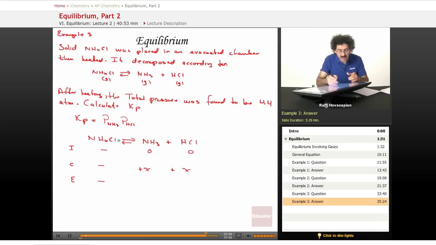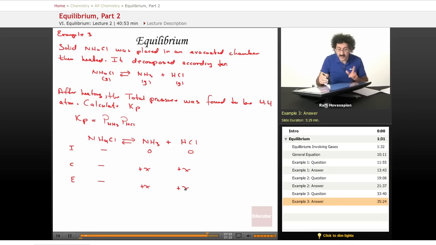It's telling you that you start off with NH4Cl. It decomposes. When something decomposes, that means it's going away. The products are showing up. So that's why you have a plus X and a plus X here. This plus goes here, it's not that plus. 0 plus X is plus X. 0 plus X is plus X.